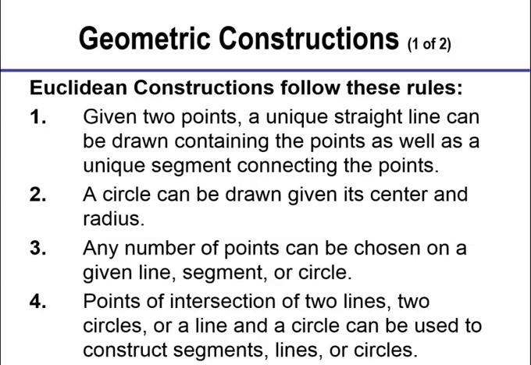Now, back in the day, Euclid of Alexandria, he lived 300 BCE, so we're talking 2,300 plus years ago, wrote a mathematical work called The Elements, and he defined what a point was, he defined what a line was, and he used a few axioms and constructions to develop pretty much all of geometry.